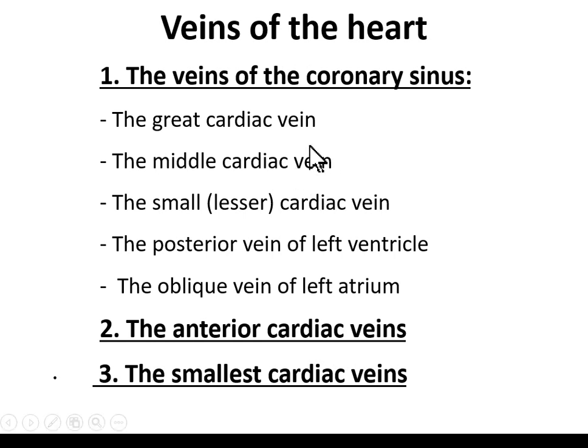These five veins flow into the coronary sinus. The coronary sinus is the biggest vein of the heart, which flows independently into the right atrium.